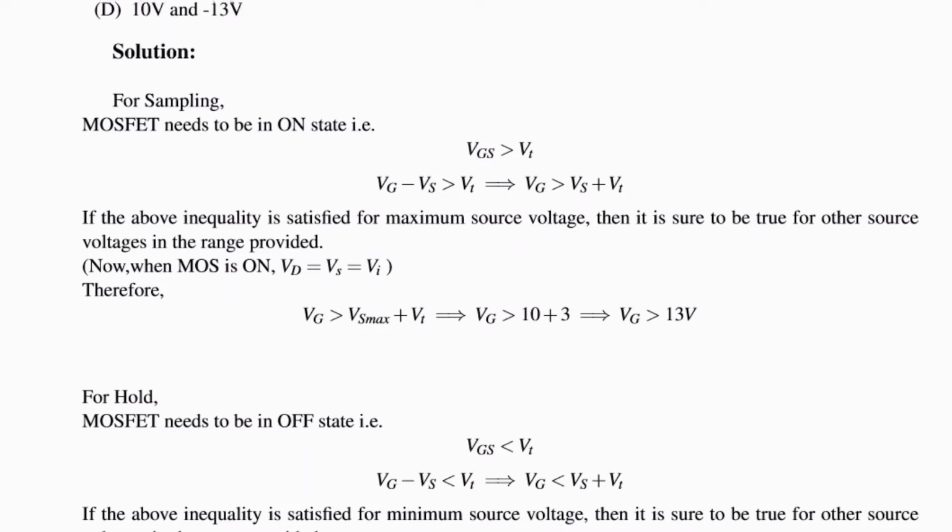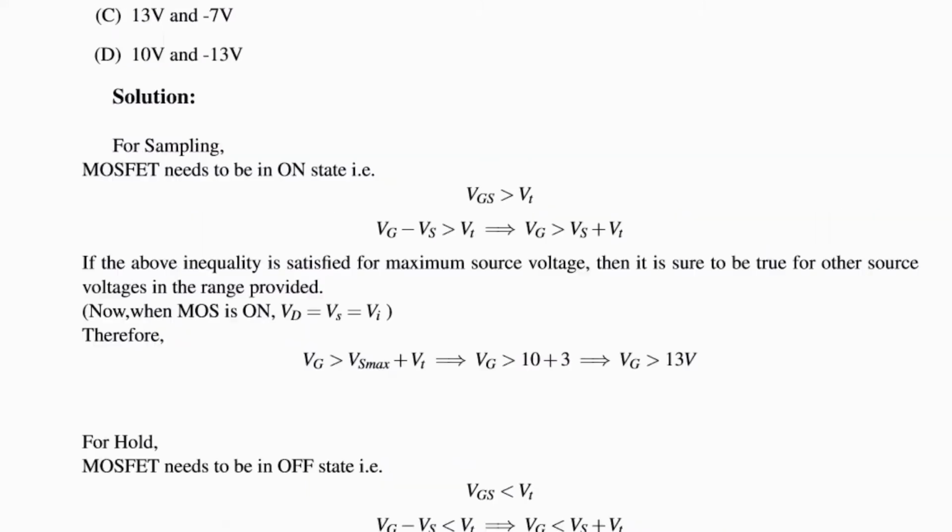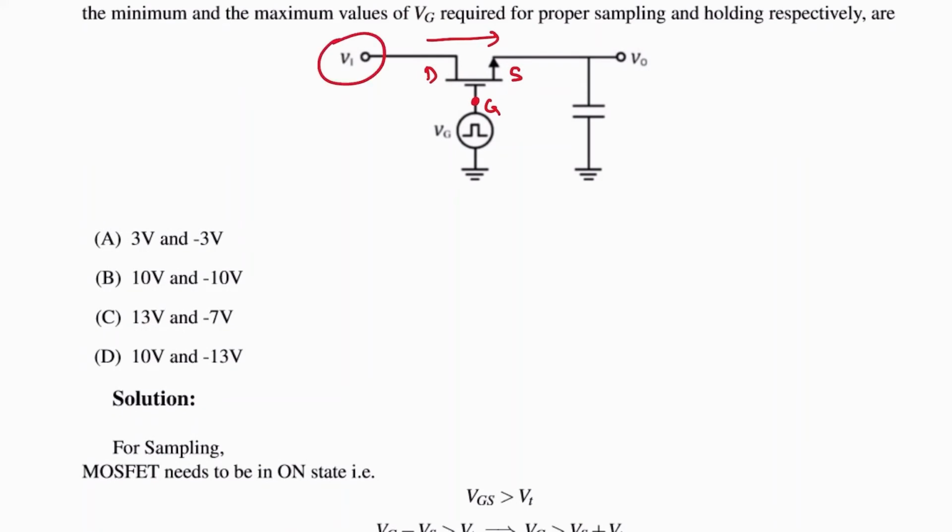Now when the MOSFET is on, VD equal to VS is equal to the input voltage Vi. This is so long as the VGS is greater than VT. Because if the VD was not equal to VS, then there would be a non-zero current ID for as long as the VDS is non-zero.